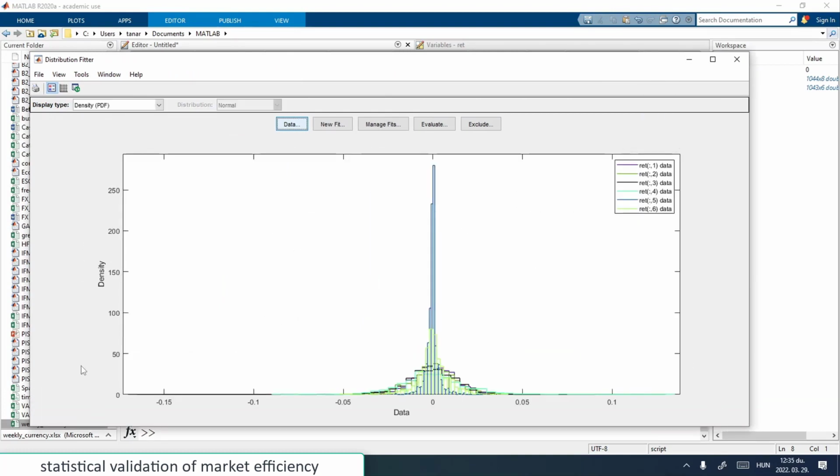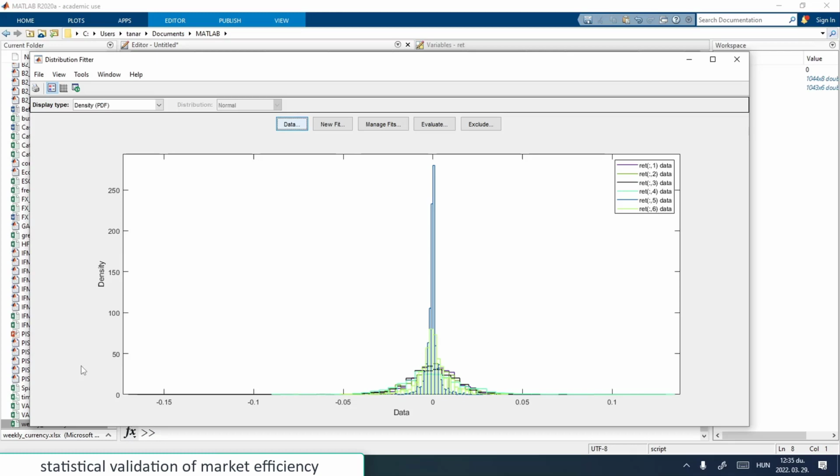So we have this ugliness here, and these are all the different currencies fitted on top of each other. Here we can see that it's already hard to say that these currencies behave the same way, because come on, there is this blue one. I don't know which one, because there are two blue ones. Maybe the Indian rupee is responsible for this, but we can see that they have completely different probability distributions.